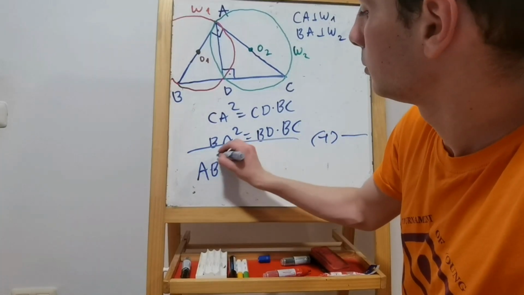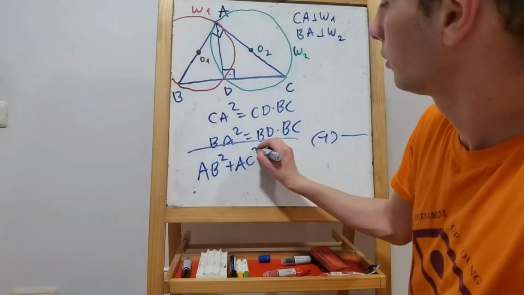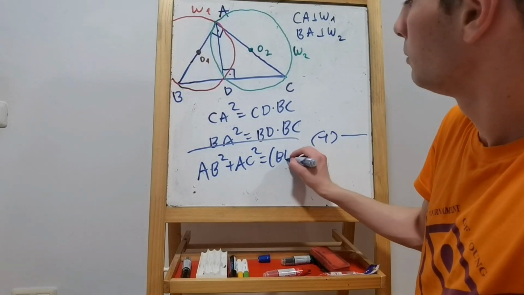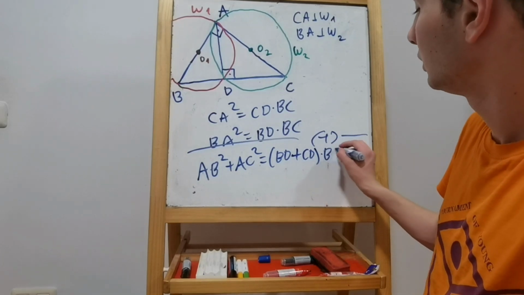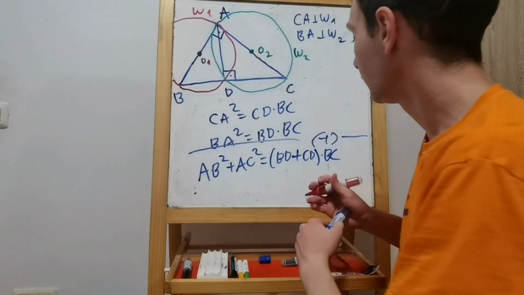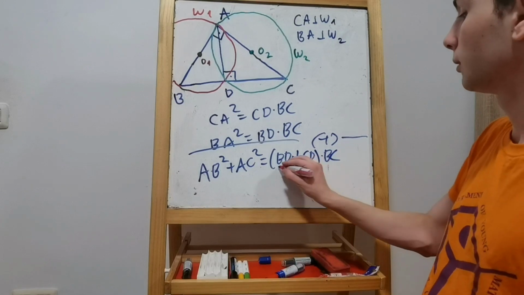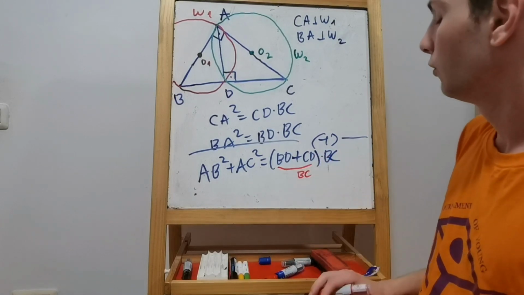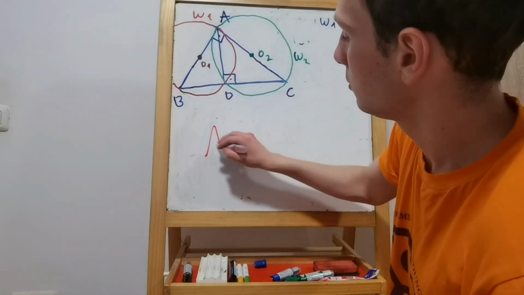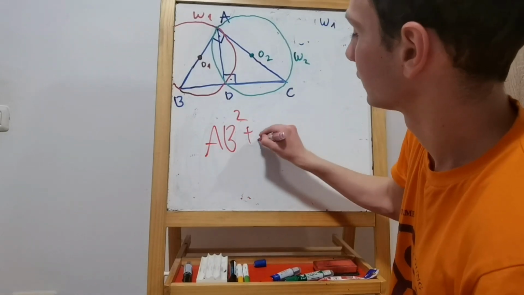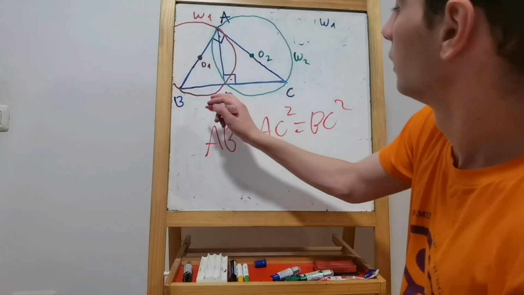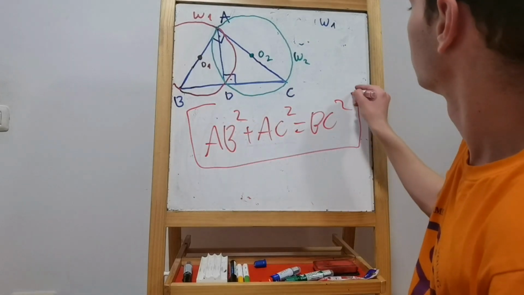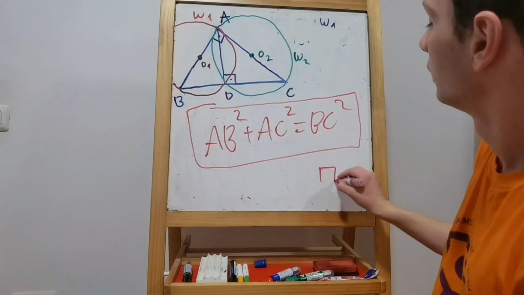So you have AB squared plus AC squared is equal to BD plus CD times BC. And finally, because this adds up to BC, we get that AB squared plus AC squared is equal to BC squared. And we're done.